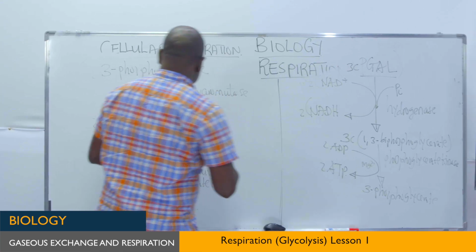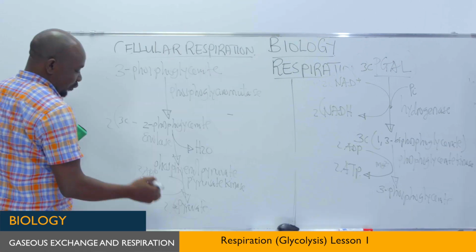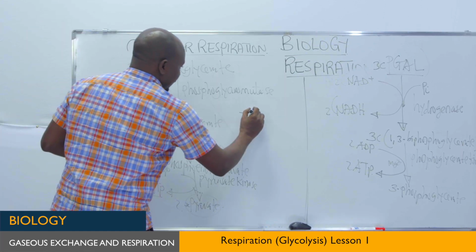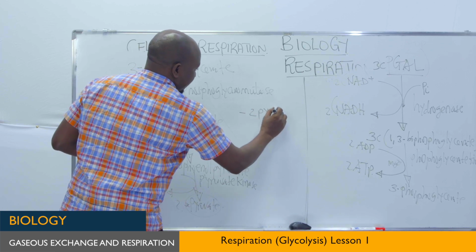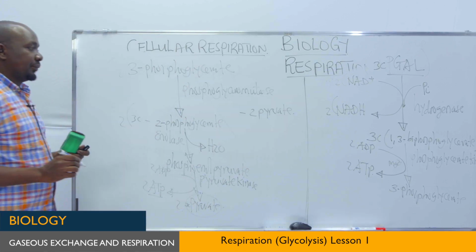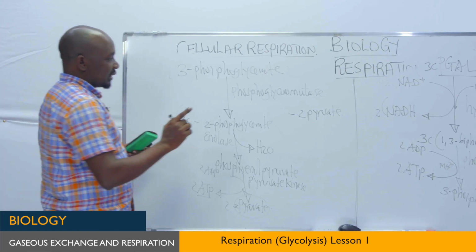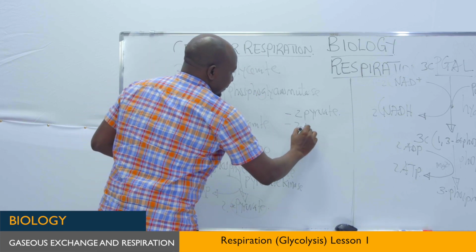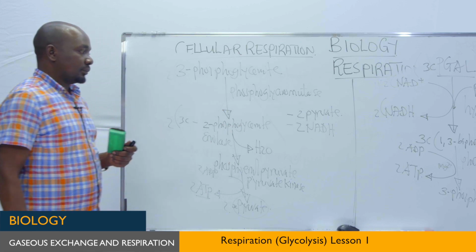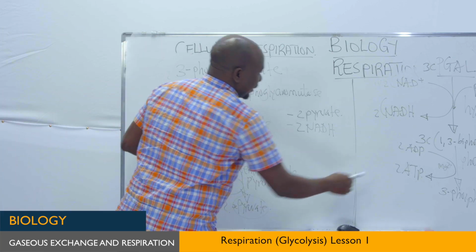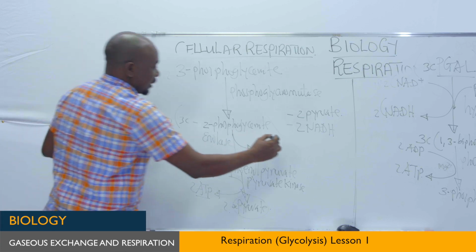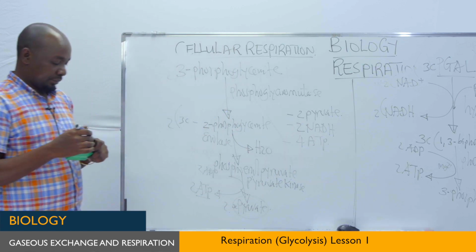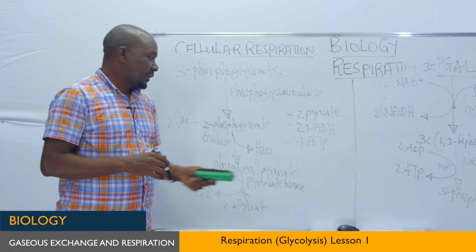The products of glycolysis here, first we have 2 pyruvate molecules. We have another product, 2 NADH. And we have 2 ATP, another 2 ATP, making a total of 4 ATPs. So these are the products.